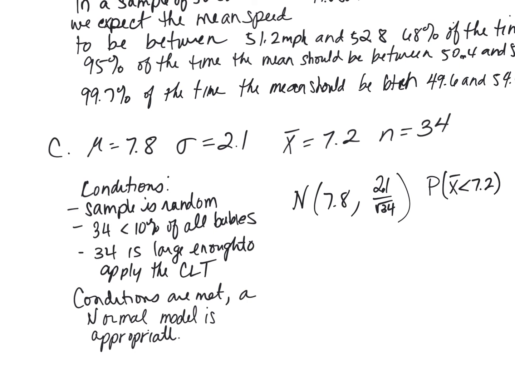So is it a lot of standard deviations from the mean? We don't always have to have the percentage when it's asking unusually low. We can base that calculation on the fact that more than 3 standard deviations from the mean is really unlikely, and so is more than 2. So my normal model is 7.8, 2.1 divided by the square root of 34, which is 0.36. So instead of drawing the normal model, I'm going to calculate a z-score.